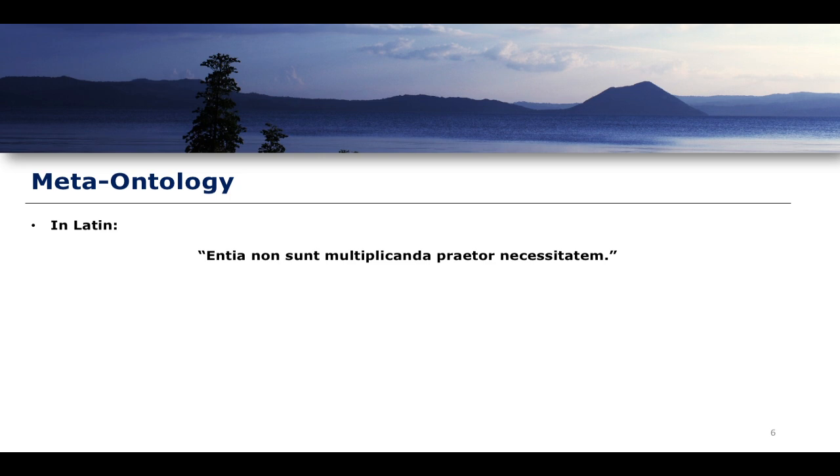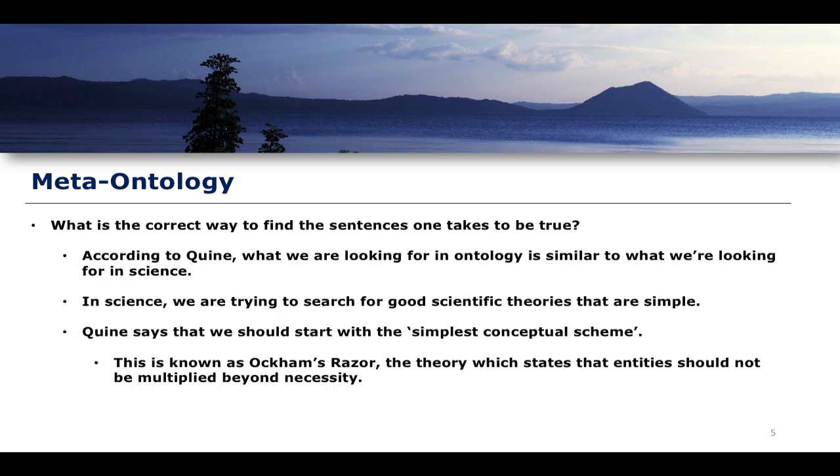Now, the way a philosopher would tackle these kinds of problems is to resort to Occam's razor. Given that, according to Occam's razor, we should not multiply entities beyond necessity, we're essentially doing what Quine is suggesting. We are looking for the simplest conceptual scheme.